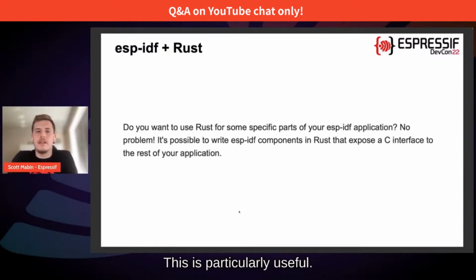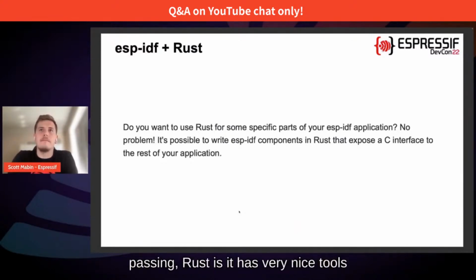This is particularly useful for things, like I said earlier, like parsing. Rust has very nice tools for parsing strings and parsing just general data formats safely and efficiently. So you may wish to write a Rust component that does a certain amount of parsing for your application, and pass the result back through the C interface to the rest of your application.